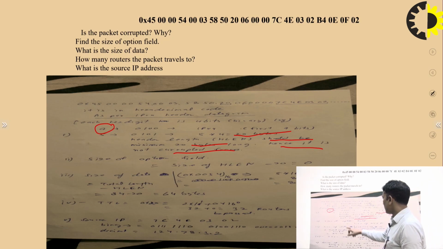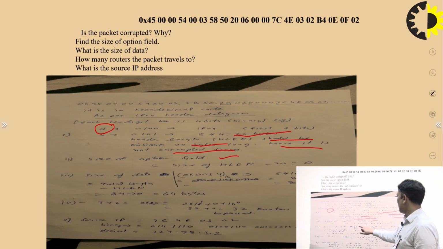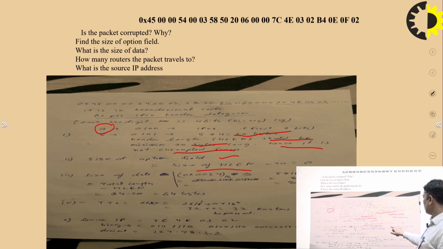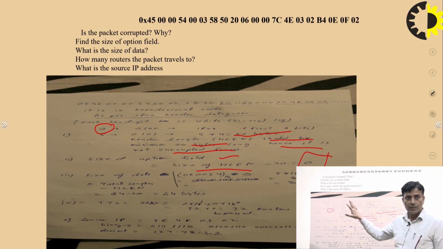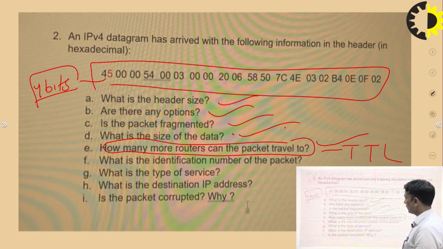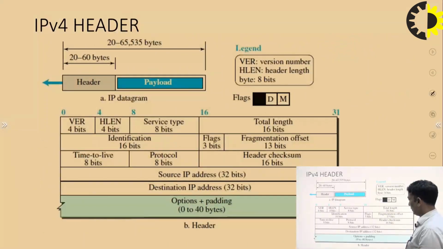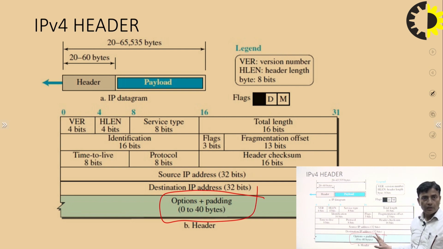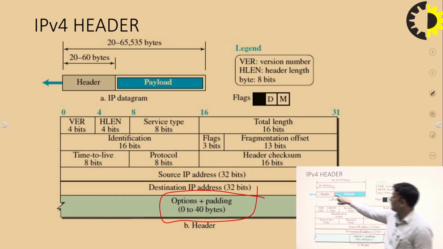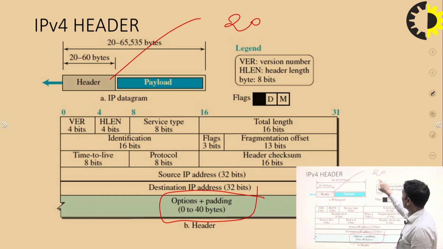Next, the size of the option field: size of HLN minus 20, which is 0. Option means the last one, the 6th row. If we come to this one, this is the option. Is there a value in option? Whenever you have some value in option, from 0 to 40 bytes, your header size will certainly be more than 20.